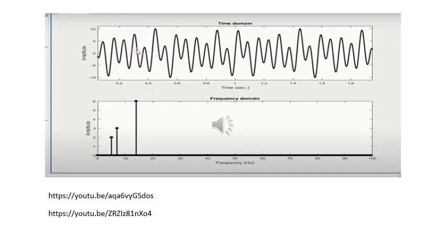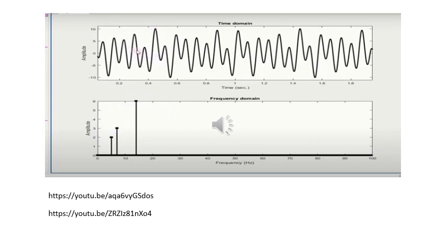So in this slide you can see a graph. This graph represents a complicated waveform in the time domain, and the second graph represents the different frequencies of this complicated wave plotted separately. So this is what the Fourier transform does.